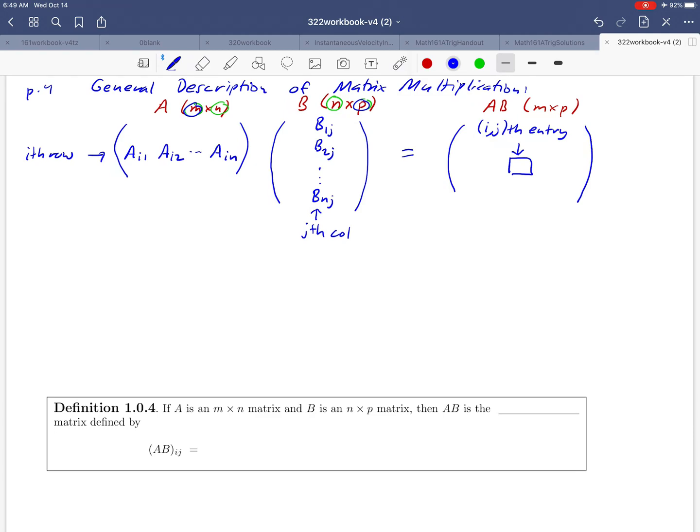Okay, and we took the dot product of those two, so that means to get this arbitrary entry in AB, the entry that's in the ith row and the jth column, we'll start by taking A_i1 times B_1j, then we'd move on and take A_i2 times B_2j, and we just keep going until we get to the very last, A_in times B_nj.